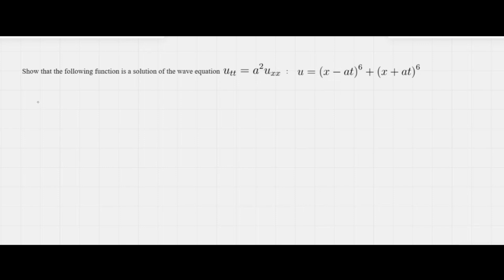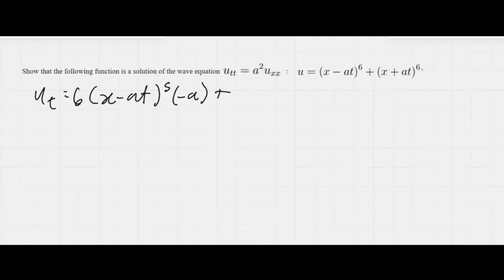And so we'll start off by finding u sub t. In order to do that, we use the power rule over here, x minus at to the power of 5, because that is a t containing term, and so we can use the power rule. The derivative of x minus at, treating x as a constant, is going to be negative a, because we're essentially just trying to find the derivative of negative at, which is just negative a.